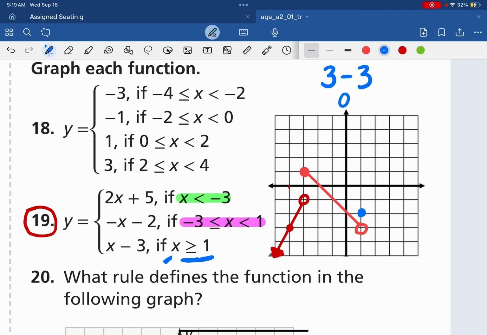So at x equal to 3, my y coordinate is 0. And then I'm just going to draw a line through these points. And because there's no stopping piece, I know it keeps going, so I'm going to put my arrow.